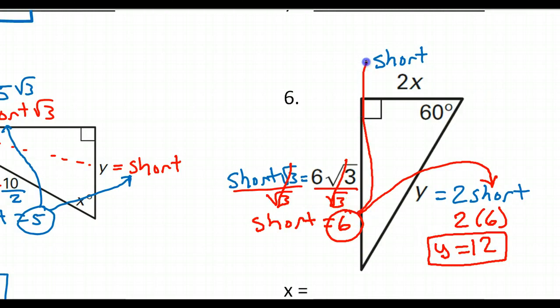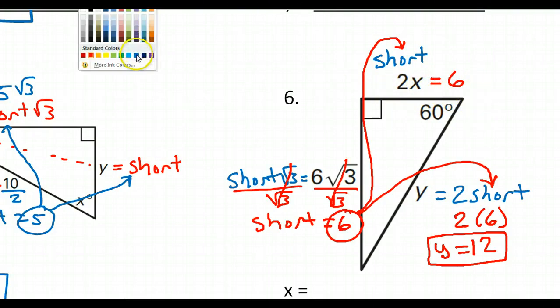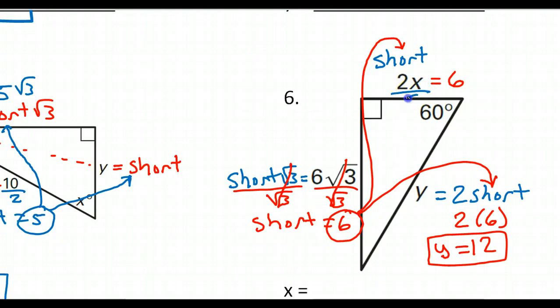But I've also got short right here, so that tells me that this side is 6. So that means 2x equals 6, which if I divide both sides by 2 is going to tell me that x equals 3. See how that works?